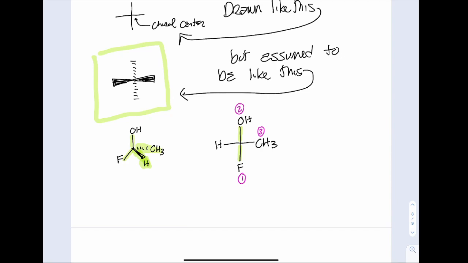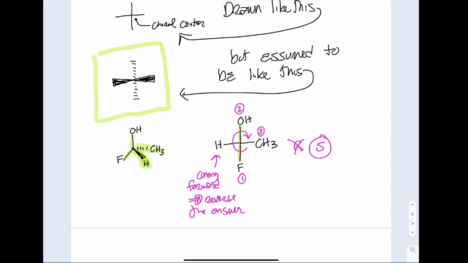As I go from 1 to 2 to 3, I am going in the clockwise direction, which is R, but my lowest priority group is coming forward. So I need to reverse my answer. So this is going to be an S configuration.